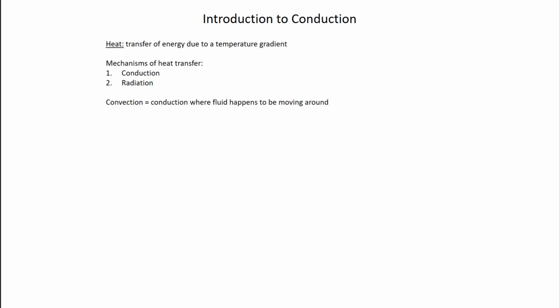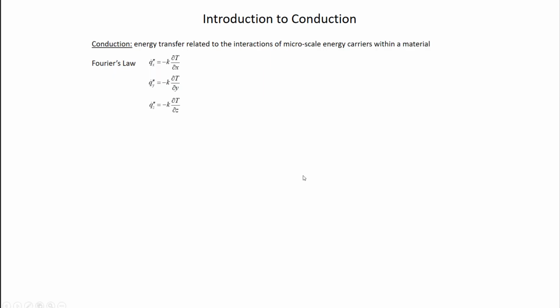Conduction fundamentally is the energy transfer that is related to the interaction of microscale energy carriers within a material. So conduction happens inside of a material, right? It can happen inside of a solid or a fluid or a gas, but there's a material, and that material is made up of some kind of structure, and that structure has inherent to it some energy carriers, right?